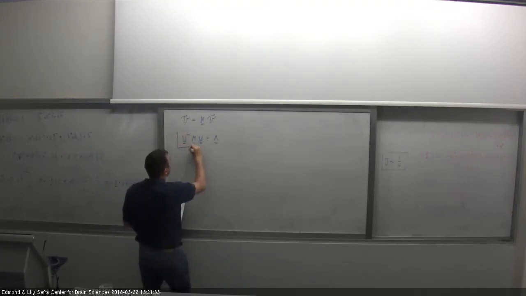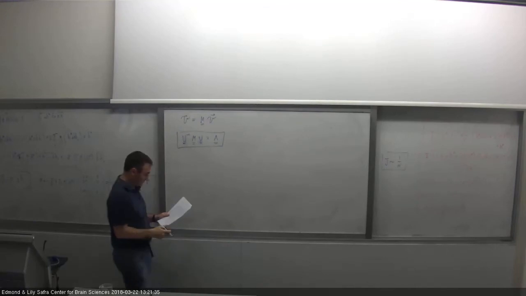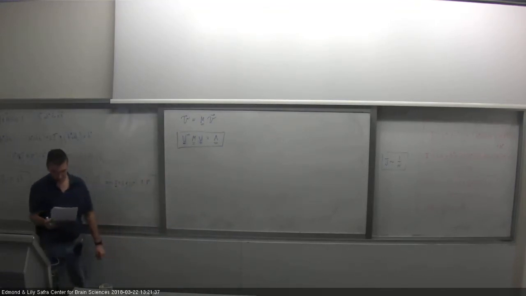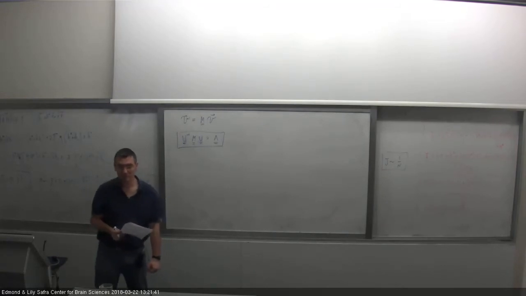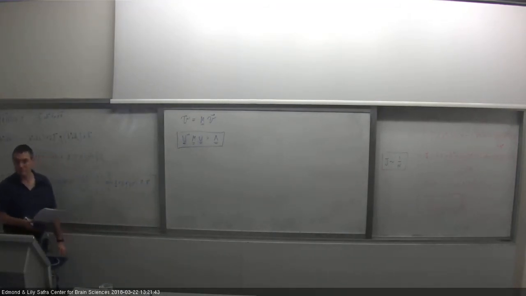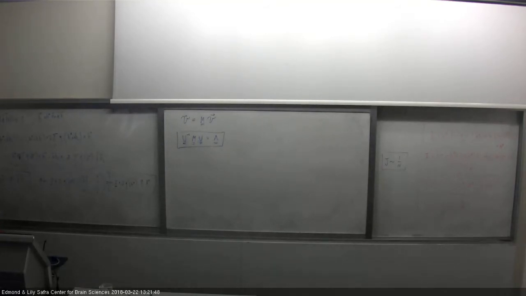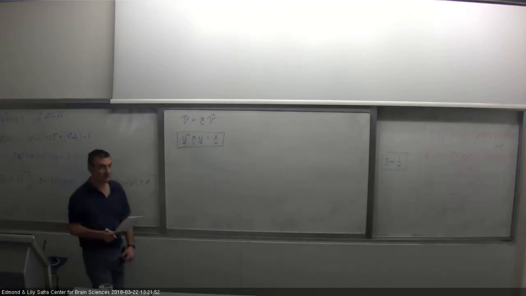What can we say about this U? Let's talk about the columns of U. What's special about the columns of U? They are eigenvectors of M. Why? How do you prove it?